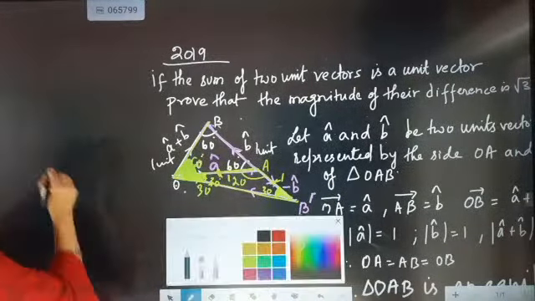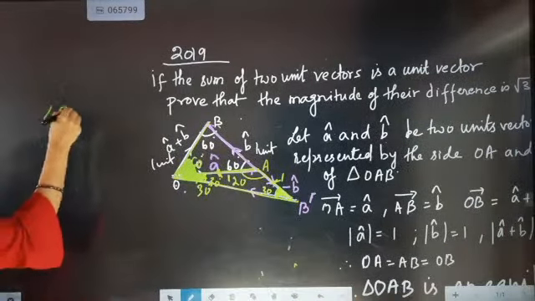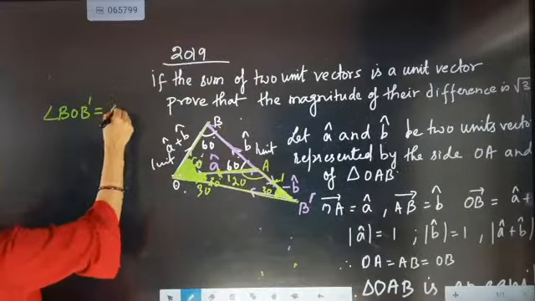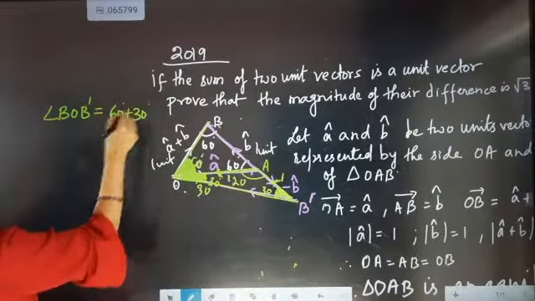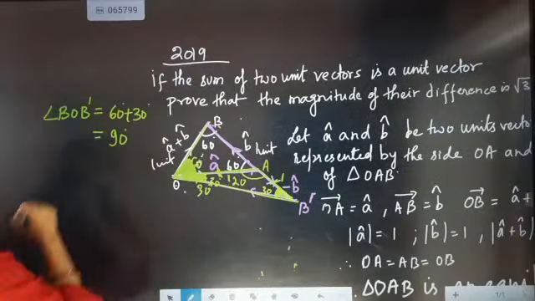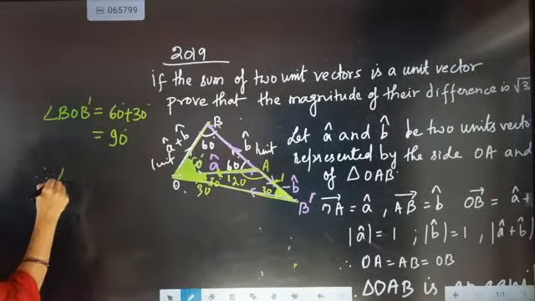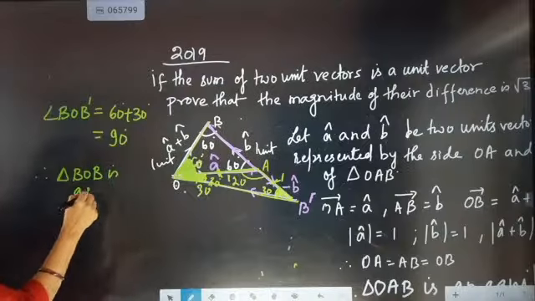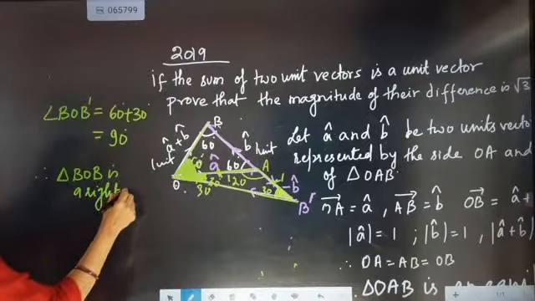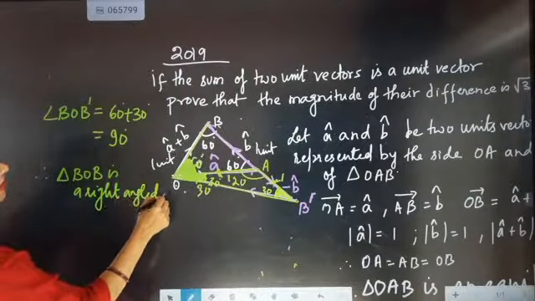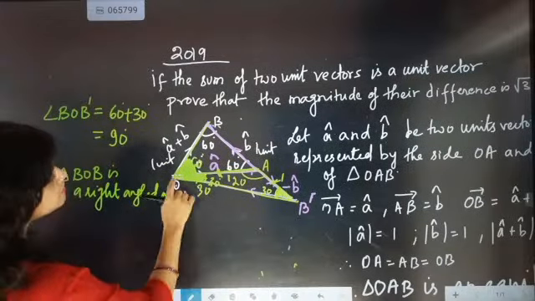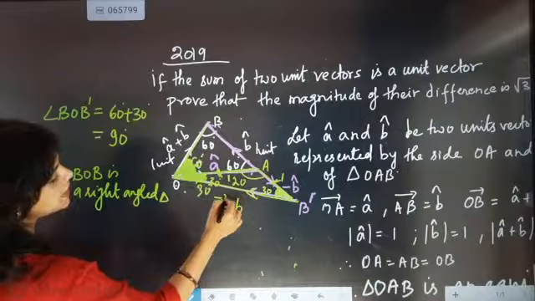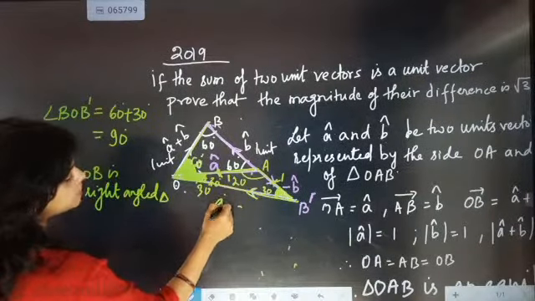So now look here, angle BOB dash will become 60 degrees plus 30 degrees. It is exactly going to become 90 degrees. Therefore, triangle BOB dash is a right angled triangle. Now here, this part is coming as the resultant, A unit vector minus B unit vector.